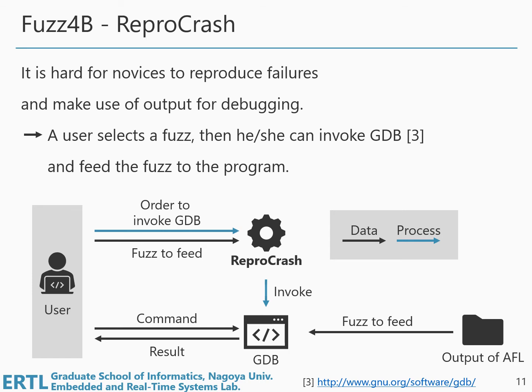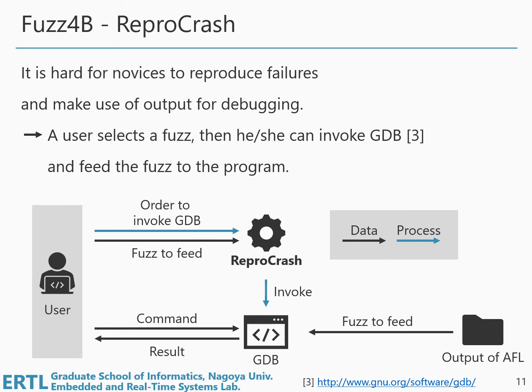Firstly, I talk about the detail of repro crash. This figure shows its overview. As I mentioned before, it's hard for novices to reproduce failures and make some output for debugging. To address this hindrance, we implemented repro crash.